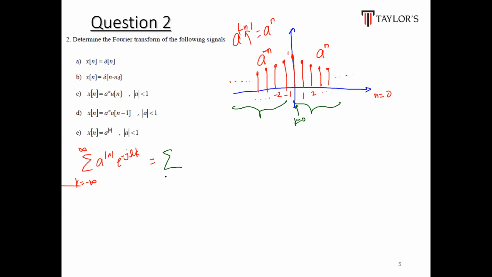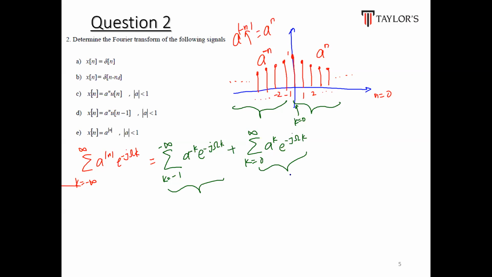The first part is k equals negative infinity to negative 1, a to the negative k, e negative j omega k. The second part is a summation from k equals 0 to infinity, a power k, e negative j omega k.